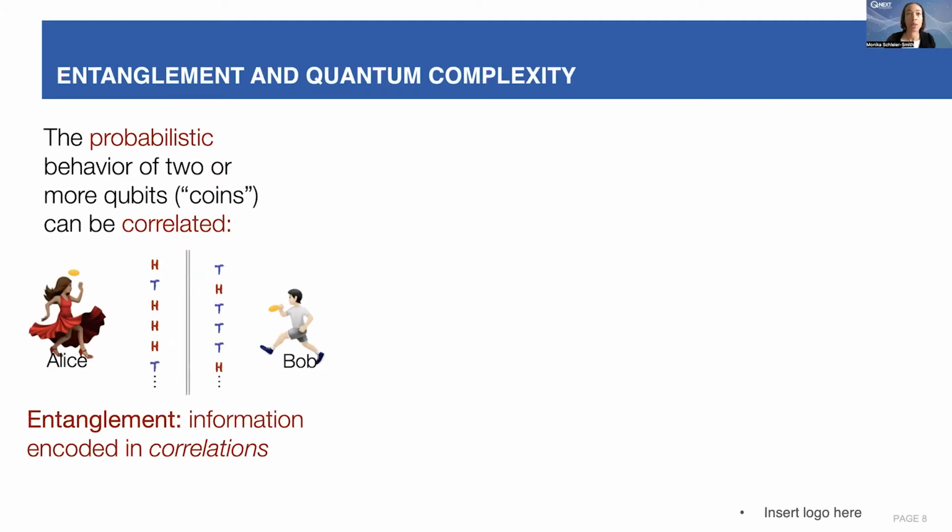Her measurement outcomes look random. Bob doesn't have the information, but it's somehow shared between them and distributed non-locally across the country. So this fact that information can be stored not just in individual particles, but in correlations, those correlations are known as entanglement. And this phenomenon of entanglement has some remarkable implications.